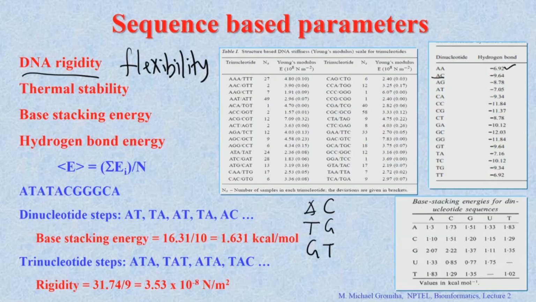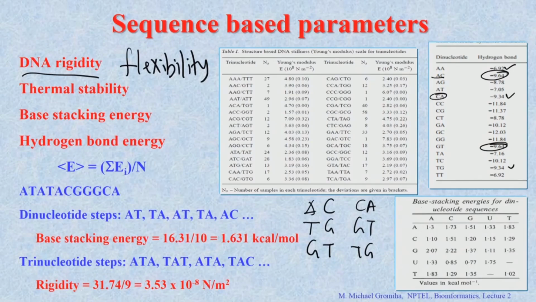So, if you see AC and GT, both are the same. Likewise, if you take CA, CA means this is equal to GT, so TG. This is 9.34 and TG is 9.34. How many unique pairs do you see?